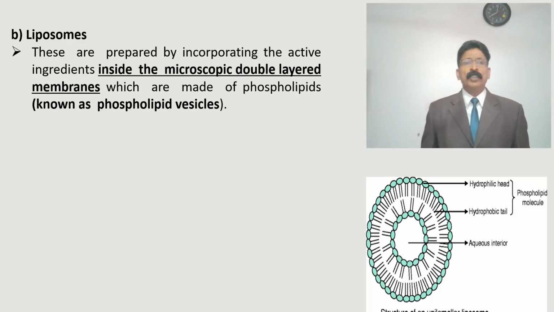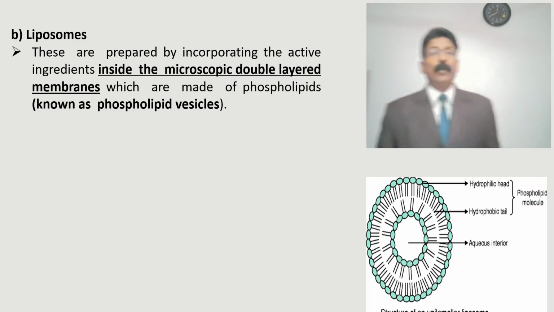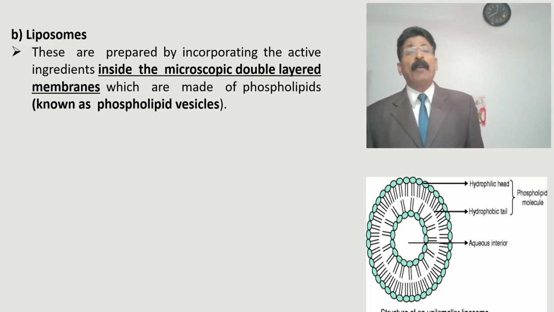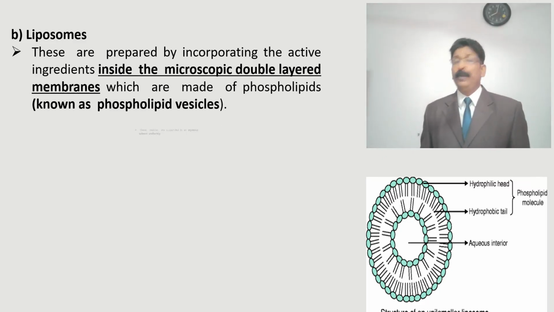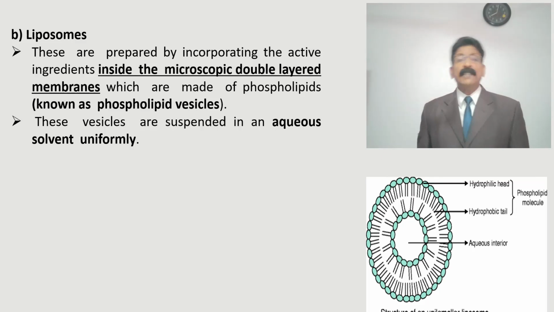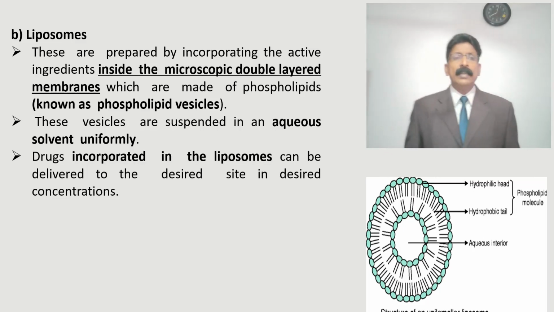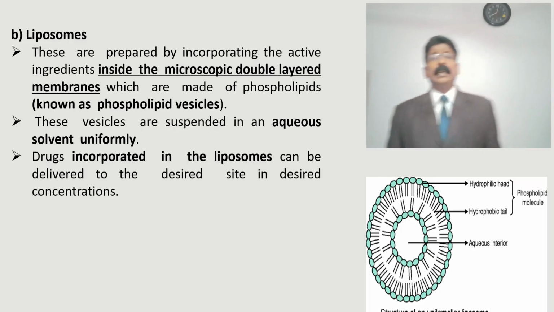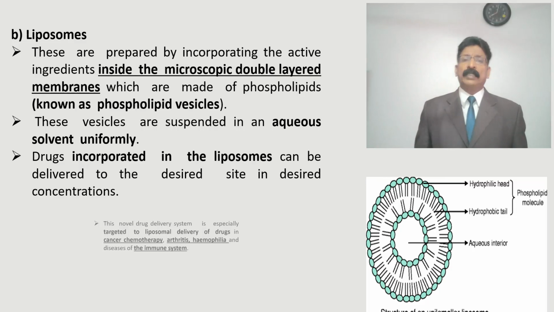These are prepared by incorporating the active ingredients inside microscopic double layered membranes which are made up of lipids, known as phospholipid vesicles. These vesicles are suspended uniformly in an aqueous solvent. Drugs incorporated in the liposomes can be delivered to the desired site in the desired concentration.